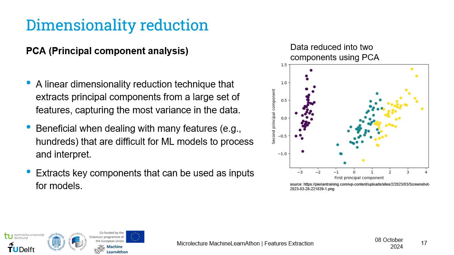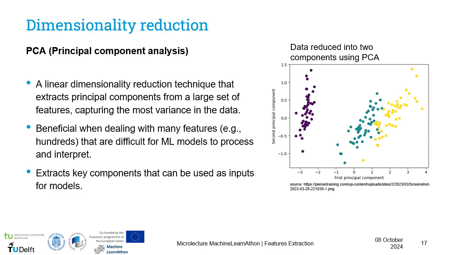Sometimes we might have data set with a huge amount of features, for example hundreds or even thousands of features. And for machine learning algorithms, it's difficult to process effectively this size of data set. Therefore, we might apply so-called dimensionality reduction that can help us to extract the most important components from this data.